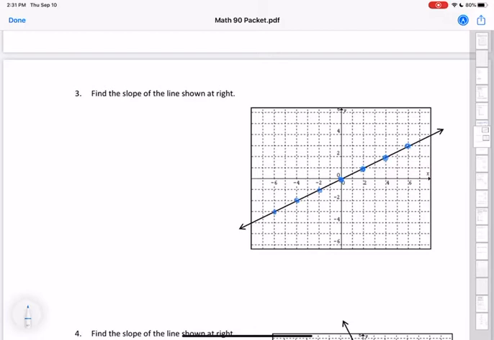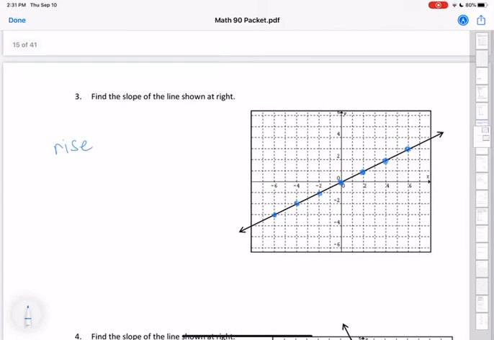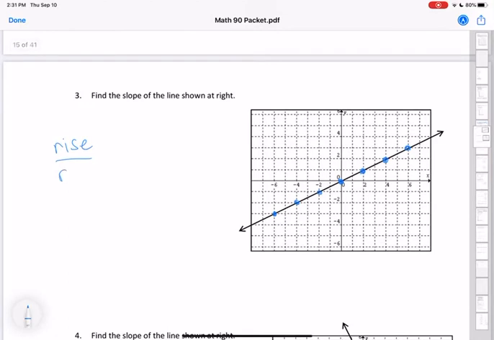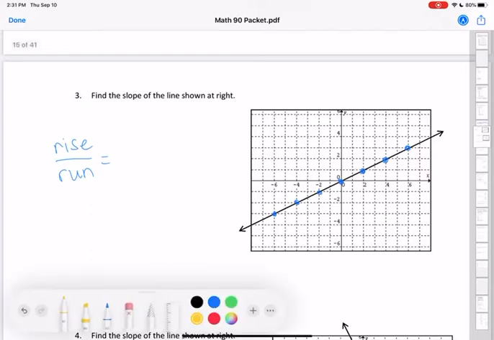Okay. So now I'm going to remember that the slope is rise over run. So rise is how many do I go up from dot to dot? Okay, so here, to get from one point to the next, how many up am I going each time?